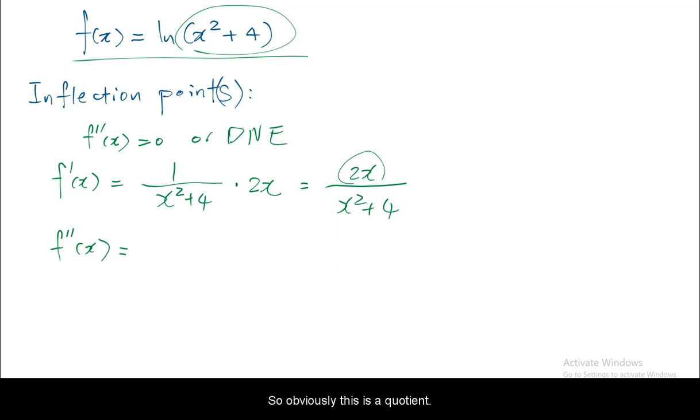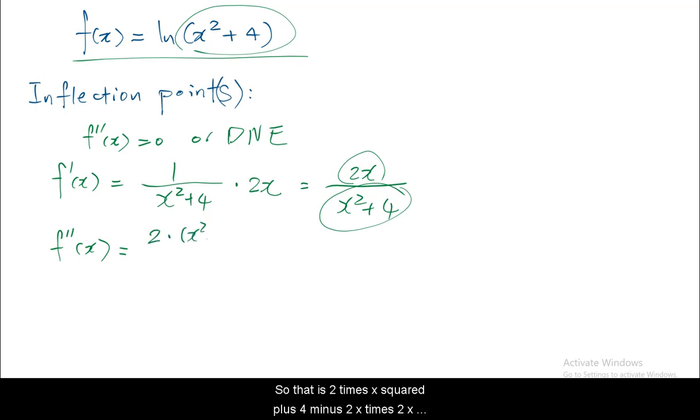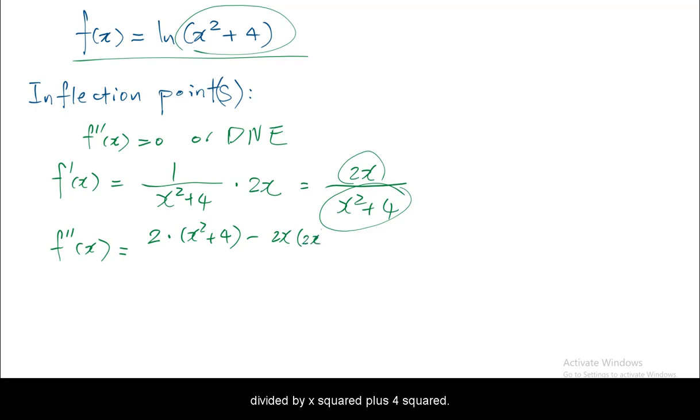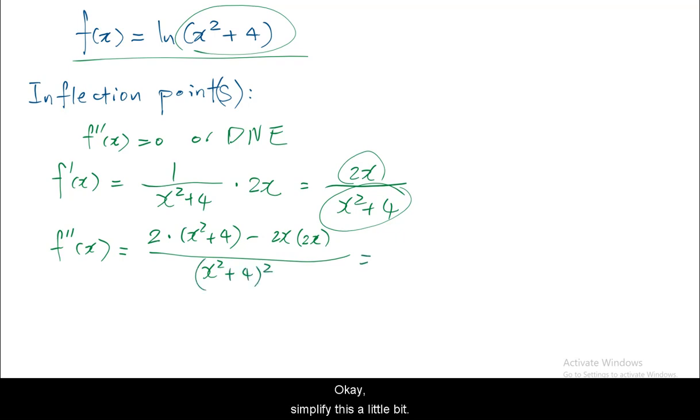So obviously this is a quotient. We'll use the quotient rule. So that is 2 times x squared plus 4, minus 2x times 2x, divided by x squared plus 4 squared. Okay, simplify this a little bit.